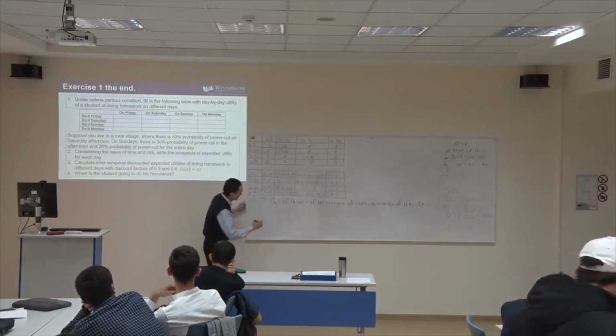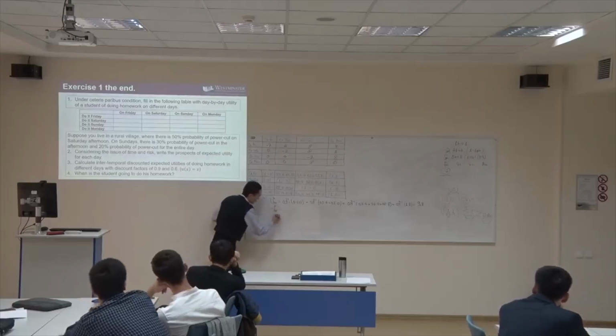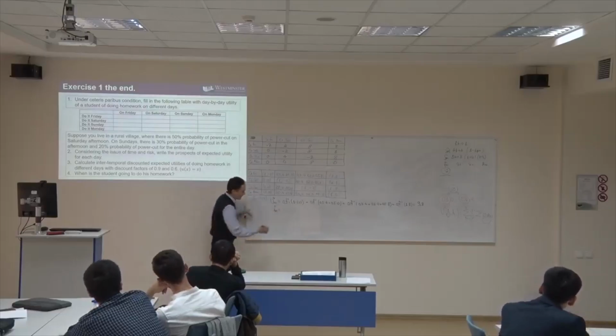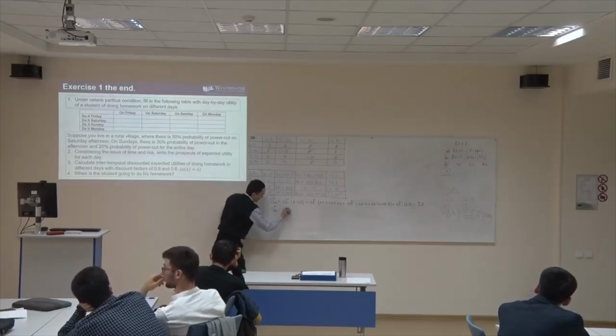So now let's find it for doing it on Saturday. The utility for those 4 days if the decision is made to do it on Saturday. Again, our discounting factor is 0.9.